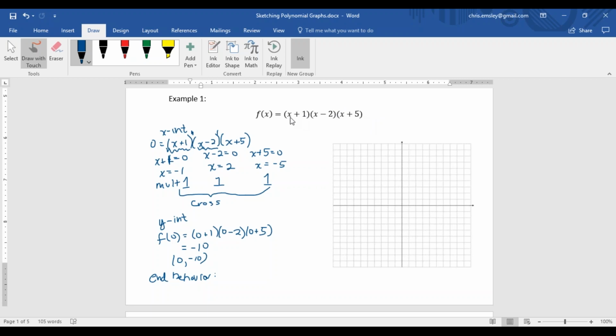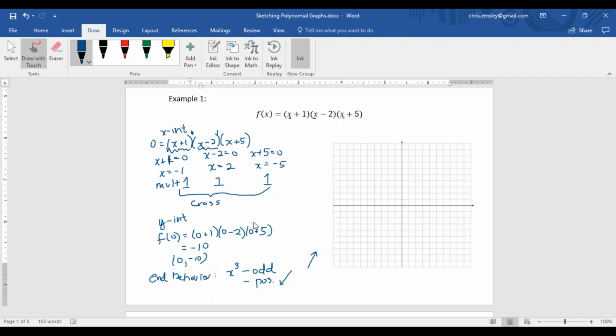But we can see if we were to multiply, we have 1, 2, 3 x's. That means our leading term is going to be x cubed. Okay, so that is an odd degree. And because all of these x's are positive, the coefficient would still be a positive 1, so it's a positive coefficient. So odd and positive means that on the left side, the tail will be pointed down, and on the right side, the tail will be pointed up.